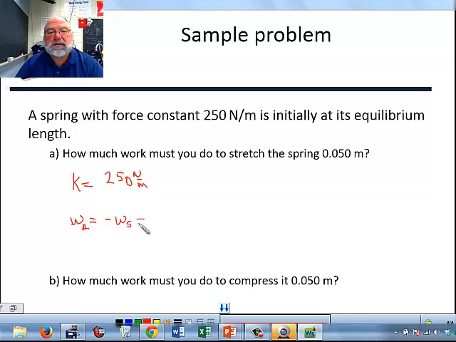And that's equal to 1/2 kx squared. And let's go ahead and substitute in our numbers. 1/2 times 250 times 0.05 squared. So I'm going to put parentheses around the 250, just keep that straight.